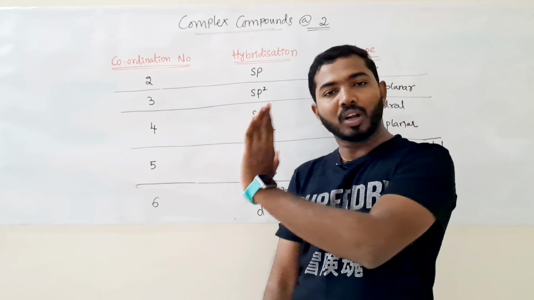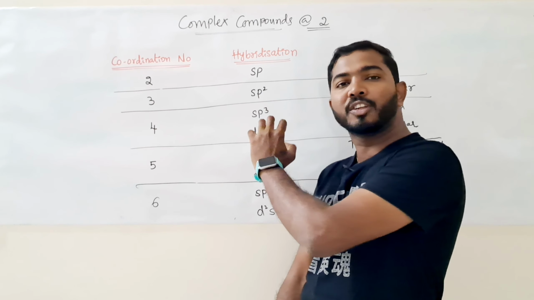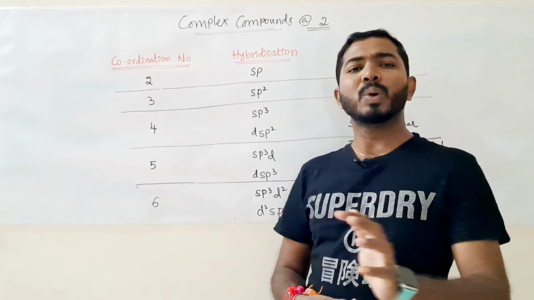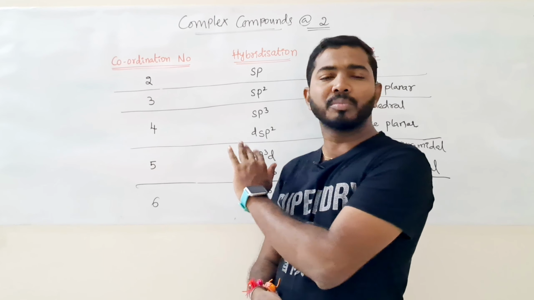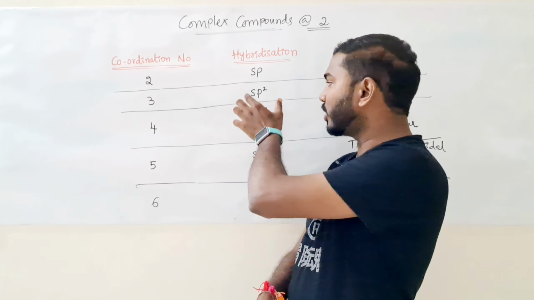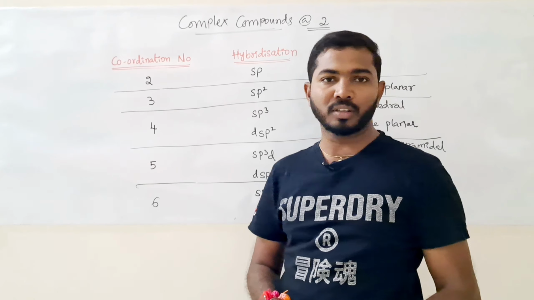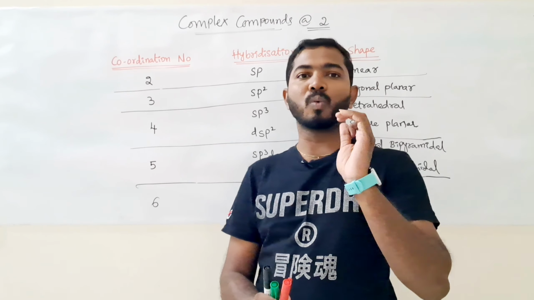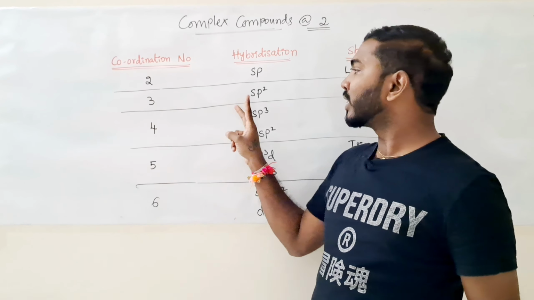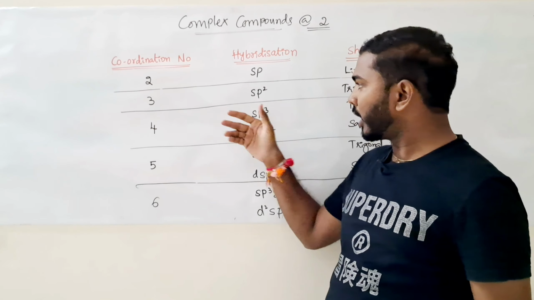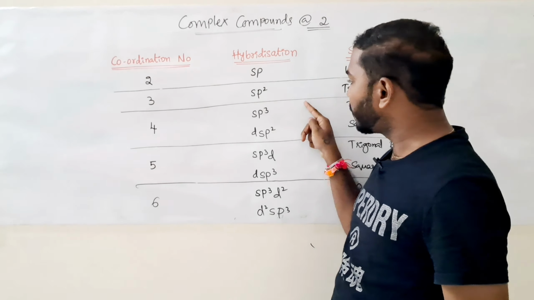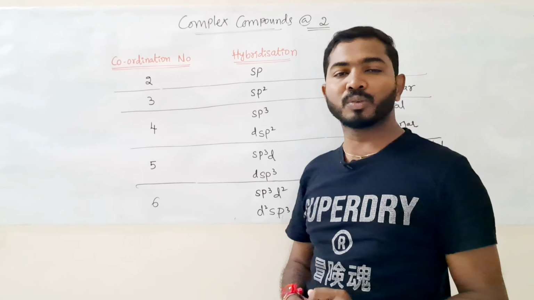Let us not discuss these hybridizations in detail here, because without knowing valence bond theory we can't understand these terms in detail. Let us have a keen understanding of them in the coming lectures. As of now, what you need to understand is that if the coordination number is 4, the central metal atom can undergo either sp3 or dsp2.